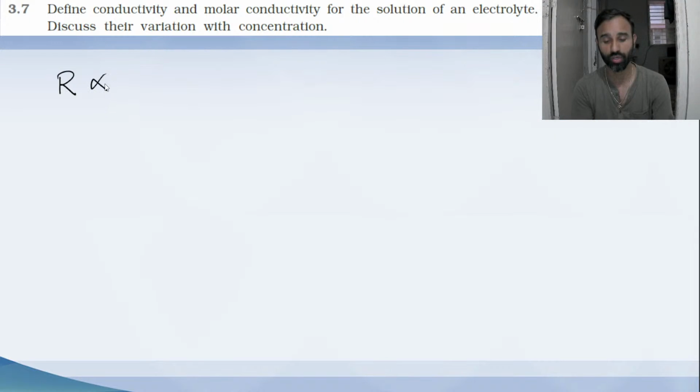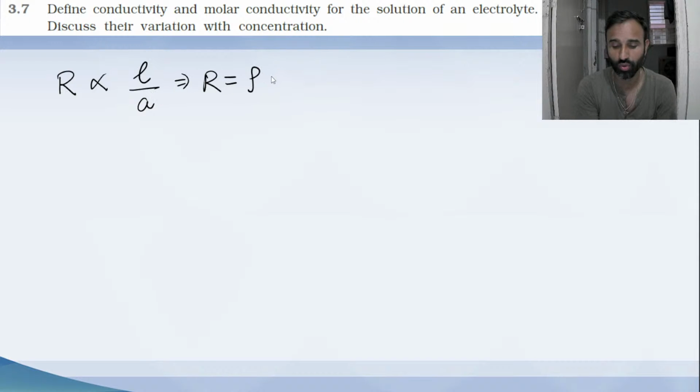Resistance is proportional to length of the solution divided by area of cross section, so L upon A. That implies the resistance equals rho, the constant of proportionality, into L upon A. L upon A is the cell constant.